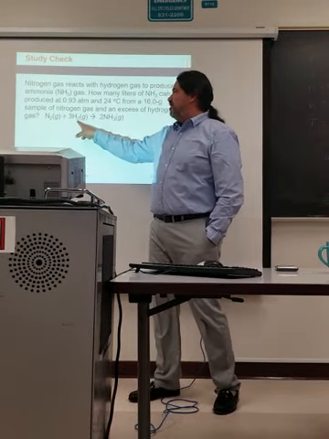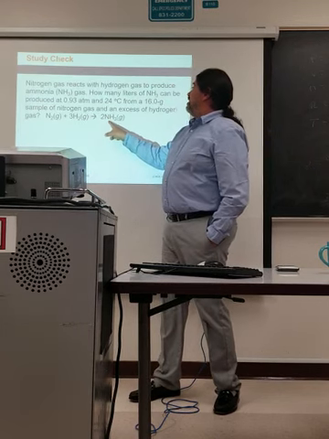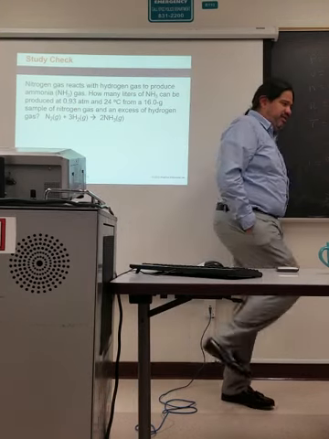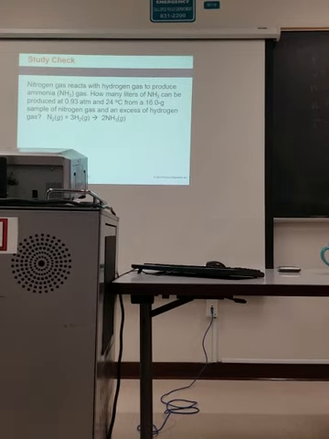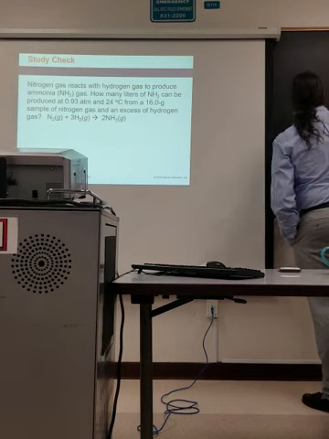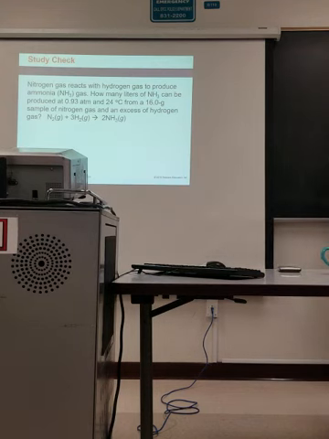How many liters of ammonia can be produced at 0.93 atmosphere and 24 degrees Celsius from a 16-gram sample of nitrogen gas and an excess of hydrogen gas? And there are several ways of doing this.